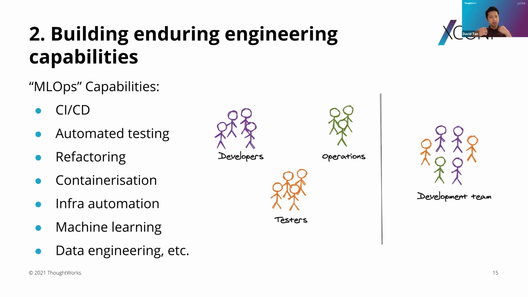So our recommendation is that we develop enduring engineering capabilities by building cross-functional teams. Because I've personally seen teams that have great desire and great gusto to say, okay, we should do TDD. But the truth is, to learn it from scratch without this specialist or somebody who has experience in the team, it is very hard, right?